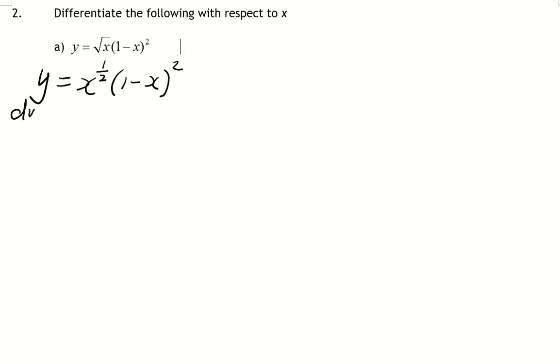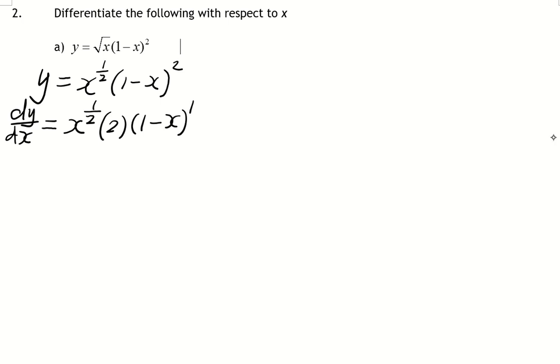So we learned that its dy/dx will be, according to the product rule, write down the first function, which is x to the power half, times differentiate the second function, which you use the chain rule: bring down the power 2, reduce the power by 1, so it now becomes power 1, times differentiate inside the bracket.